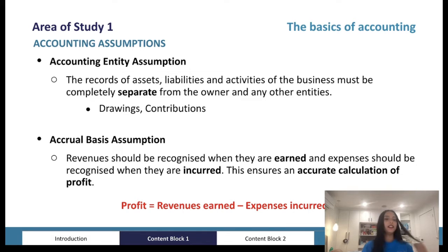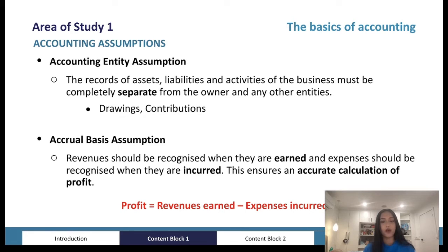That sounds like a lot, but basically profit is the most accurate when it only includes revenues that have been earned. It's not including revenues that have been paid but not earned, and it is including revenues that have been earned but not yet paid. So we're ignoring the cash in the situation. We're ignoring when the cash is received for the revenues.